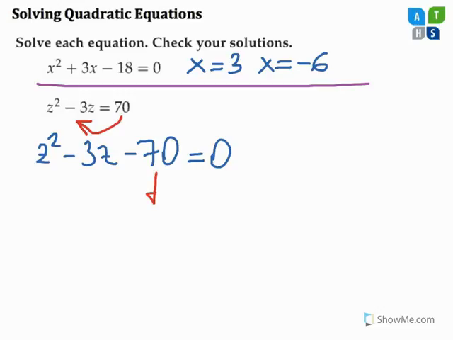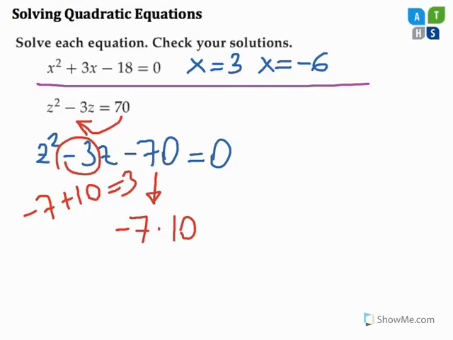Now I will have to think of two numbers such that when I multiply I will get minus 70. So if I think of 7 and 10, when I multiply I get 70. To get minus 70 I can use minus 7 times 10, but you see minus 7 plus 10 gives you 3, not minus 3. So I'm going to change my numbers to 7 times minus 10.